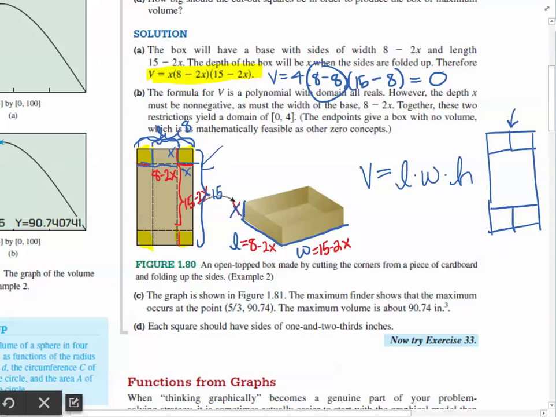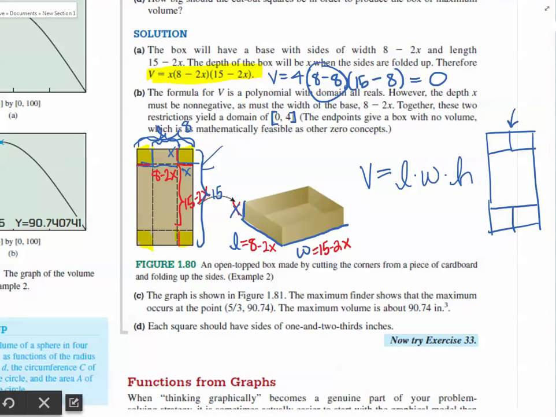I mean, it's kind of weird to have a volume of a box that's nothing, but it makes sense for the problem. So that's why it is inclusive with the 4. Okay, so it's inclusive at 0 and inclusive at 4. And they explain that right there. They say the endpoints give a box of no volume, which is mathematically feasible as other 0 concepts. Okay, so mathematically it works just fine.